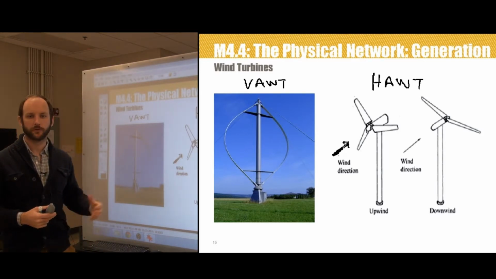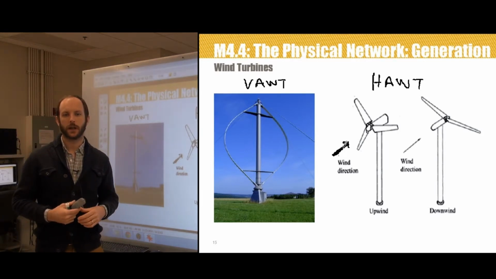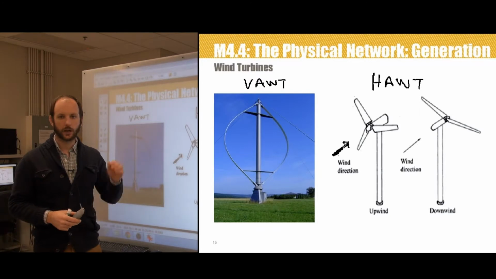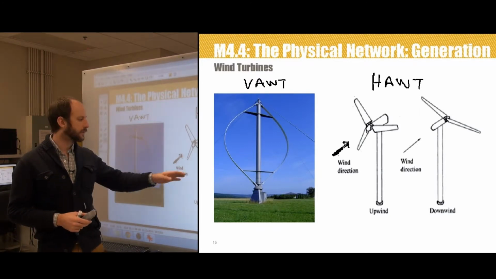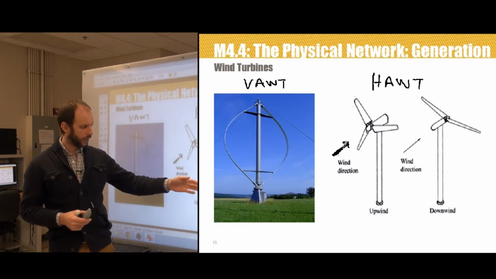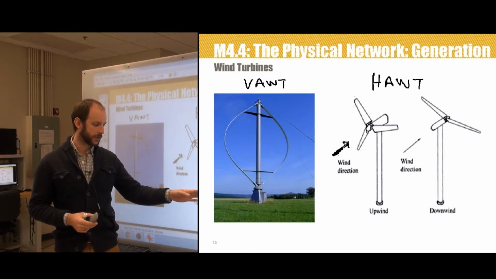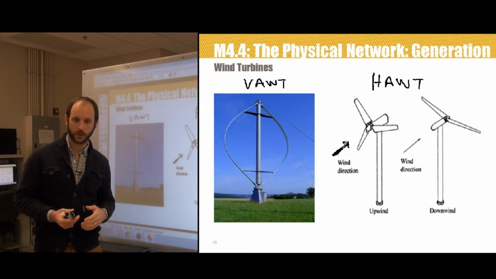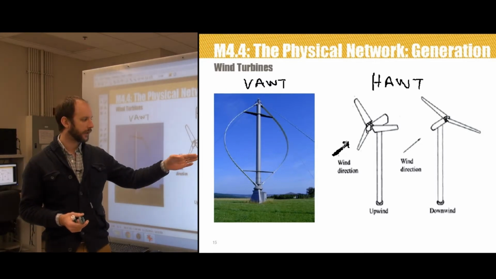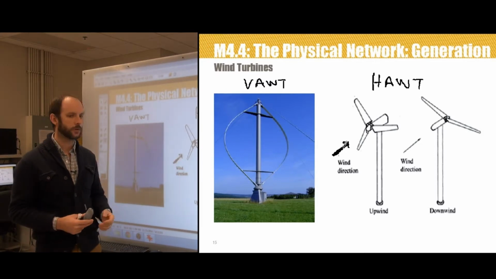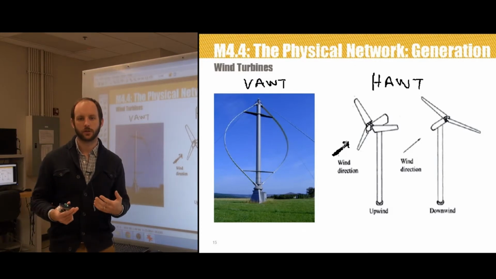Upwind machines have the rotor facing the wind, the advantage being that they avoid wind shade of the tower. What that means is that this tower is going to block wind. If you were small enough to stand behind the tower, you would experience reduced wind. Well, if a blade is behind the tower, it will experience reduced wind. This effect is called wind shading.